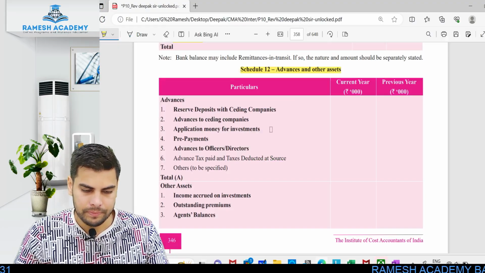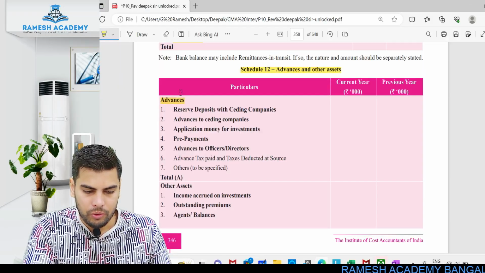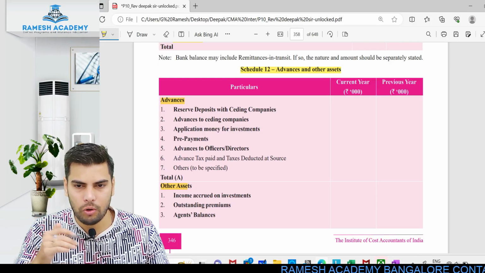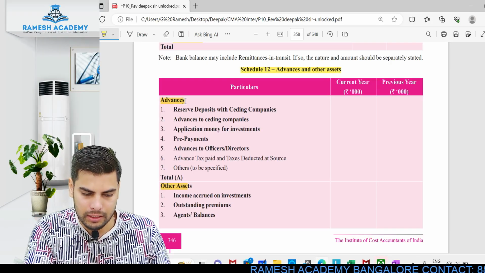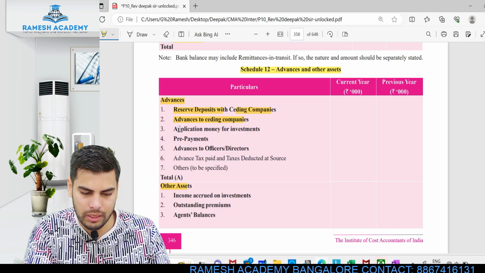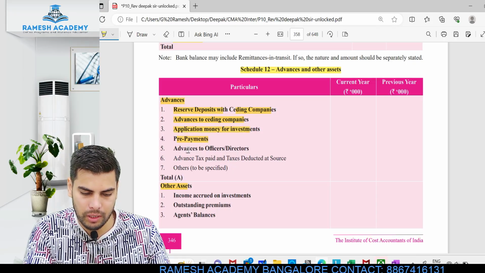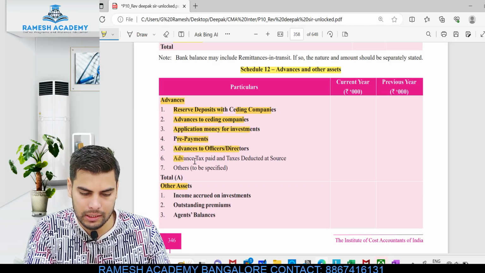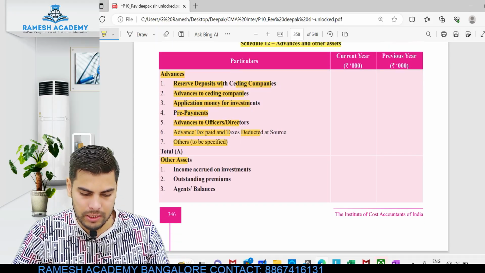When it comes to advances and other assets, you'll be showing separately how much is the advances and how much is the component of other assets. Advances: reserve deposit with ceding companies, advances to ceding companies, application money for investment, prepayments we have made, advance made to officers or directors, advance taxes paid or TDS deducted, others, specify the nature.